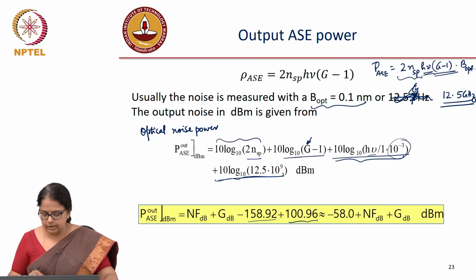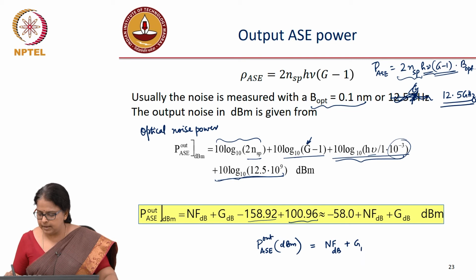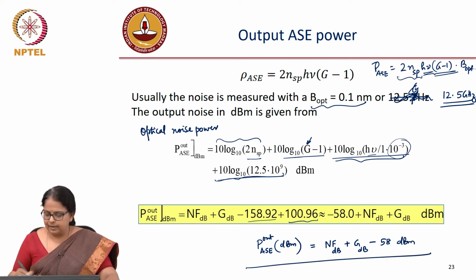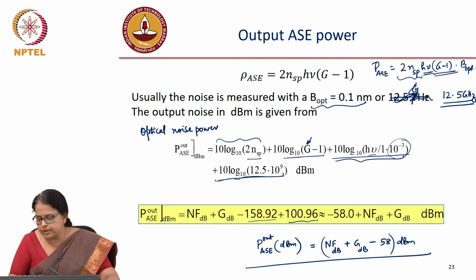So essentially what you are saying is P_ASE out in dBm is noise figure in dB plus gain in dB minus 58. This is again a useful relation for design engineers, because if you want to know the ASE power at the output of the EDFA, you need the noise figure and the gain of the EDFA.